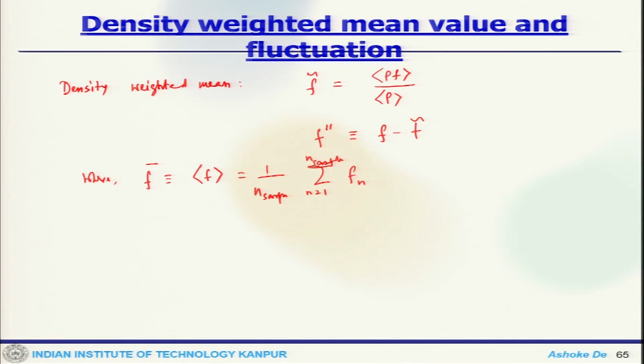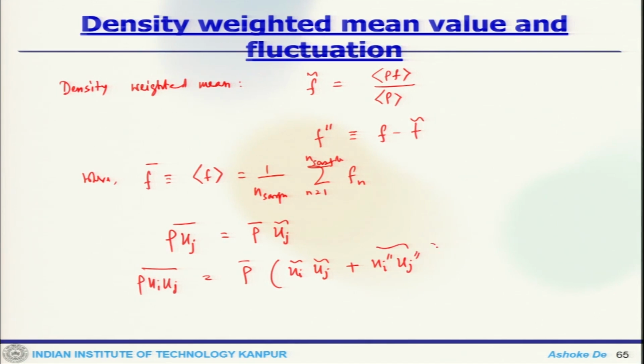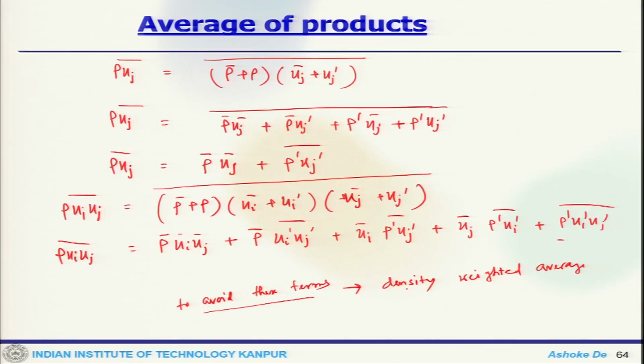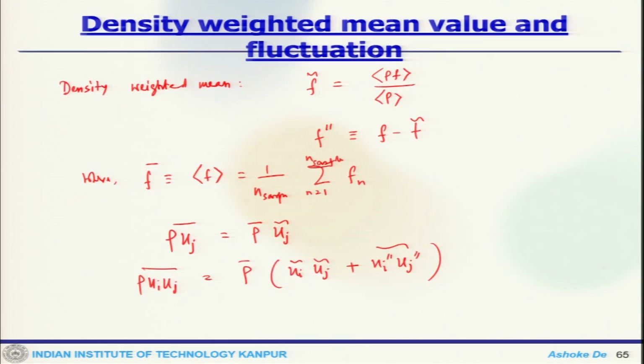Now, what it allows you is that rho uj would become rho bar u tilde j, and rho ui uj will become rho bar u tilde i u tilde j plus rho bar ui double prime uj double prime. So, you can avoid the terms arising from density fluctuations. That is one of the advantages when you have a reacting system. It is a good idea to go for density weighted average, or we also call it Favre average.